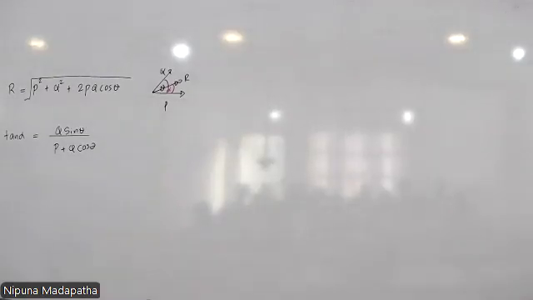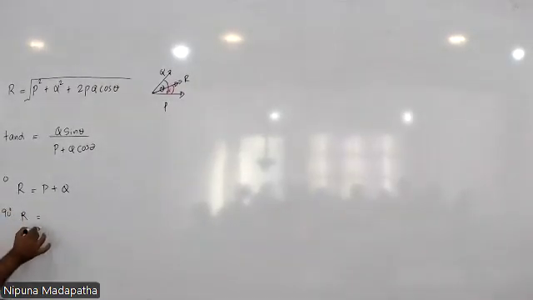Then thereafter, we discussed some special cases. When theta equals 0, the resultant is given by the addition of the magnitudes of the two vectors, R is equal to P plus Q. When theta is 90, that is a special case.